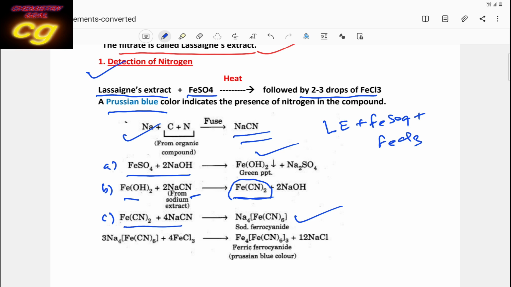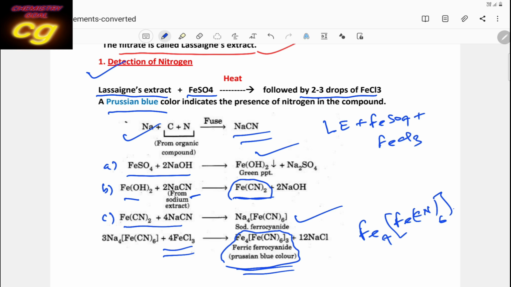When this sodium ferrocyanide forms, it reacts with the ferric chloride added in the last step. When you add ferric chloride to the solution, a Prussian blue color of ferric ferrocyanide forms. The structural formula is Fe4[Fe(CN)6]3. Why? Because the ferric ion with valency 3 goes to the ferrocyanide side, and the ferrocyanide ion with valency 4 comes to the iron side.